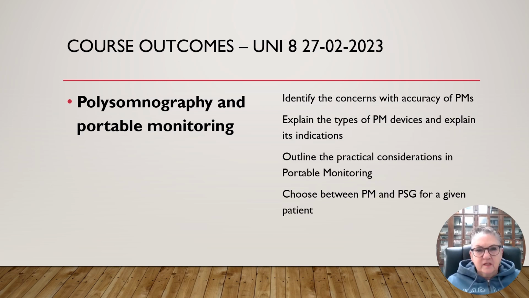Also included is to identify the concerns and accuracy of portable monitors, explain the types of portable monitoring devices and their indications, outline the practical considerations in portable monitoring, and choose between portable monitoring and PSG for a given patient.